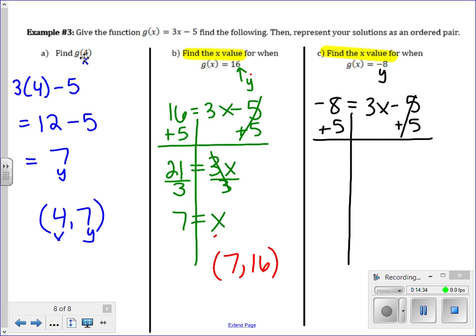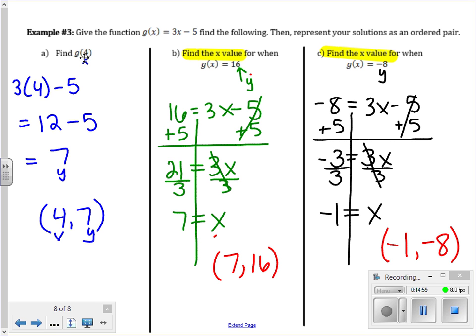And I'm going to get negative 8 plus 5, which is negative 3, equals 3x. Then to get x by itself, I go ahead and divide by 3, which tells me that negative 1 equals x. That allows me to write the ordered pair for this function, knowing that I have an x value of negative 1 that gives me the y value of negative 8.